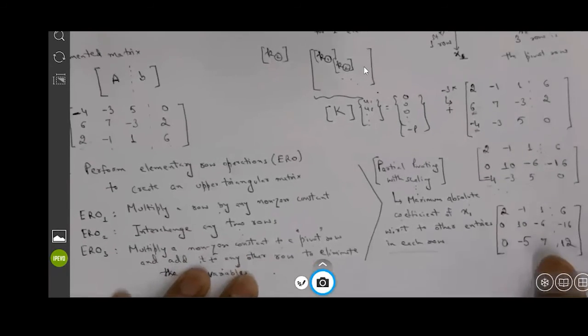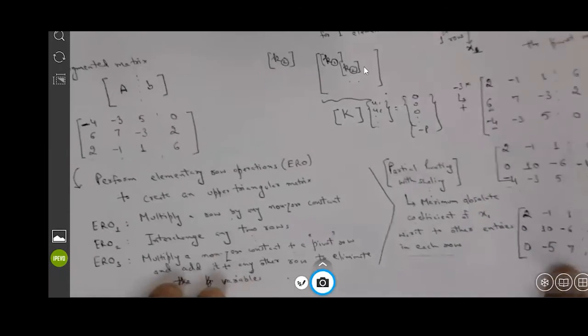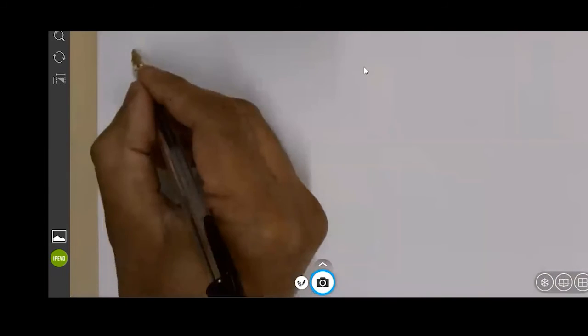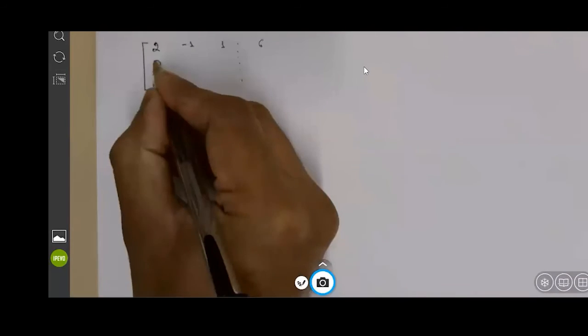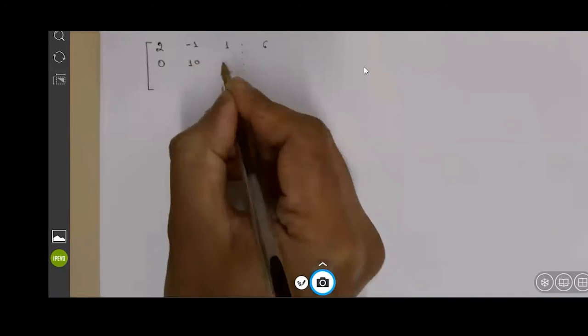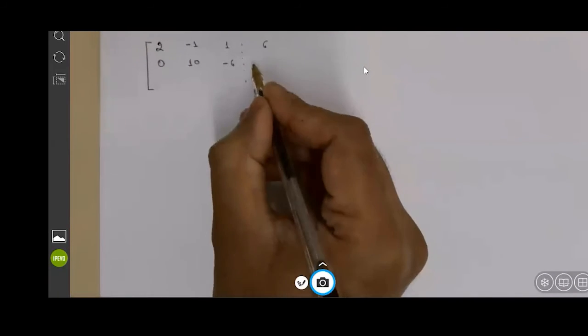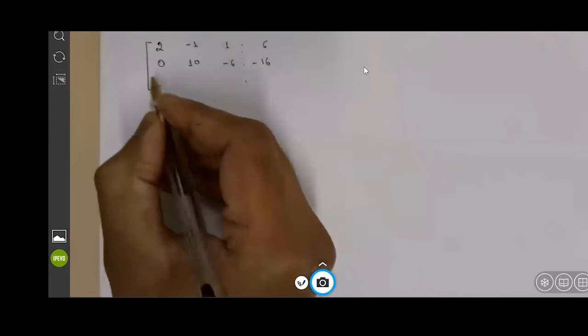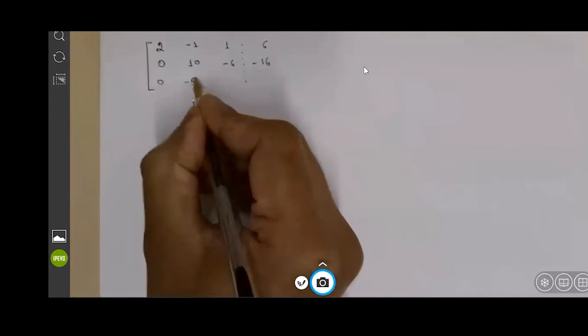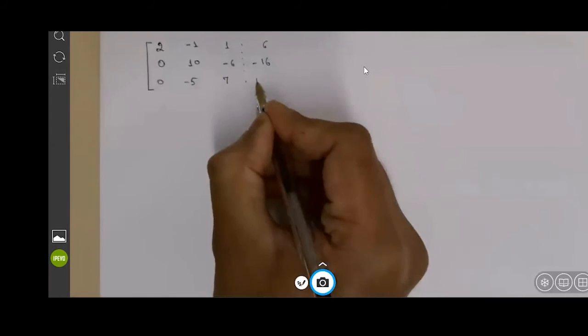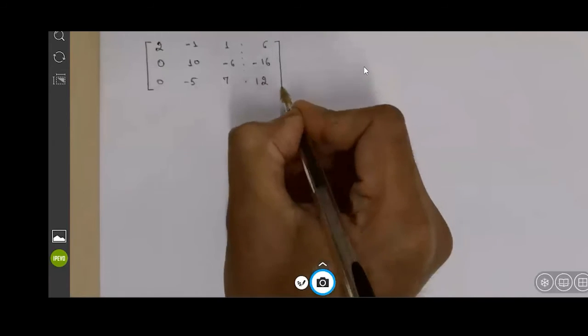So I'm just rewriting this matrix in the next sheet: 2, -1, 1, 6, 0, 10, -6, -16, 0, -5, 7, and 12. That's it, right? That's what you got, right?